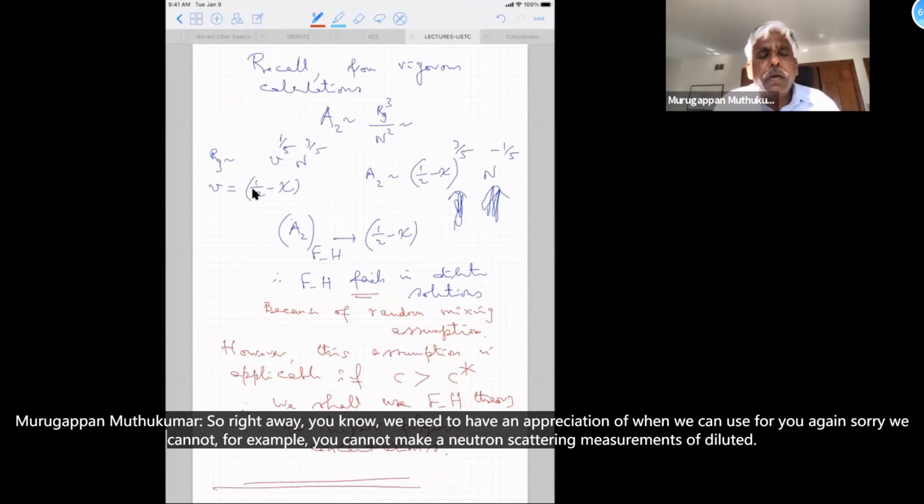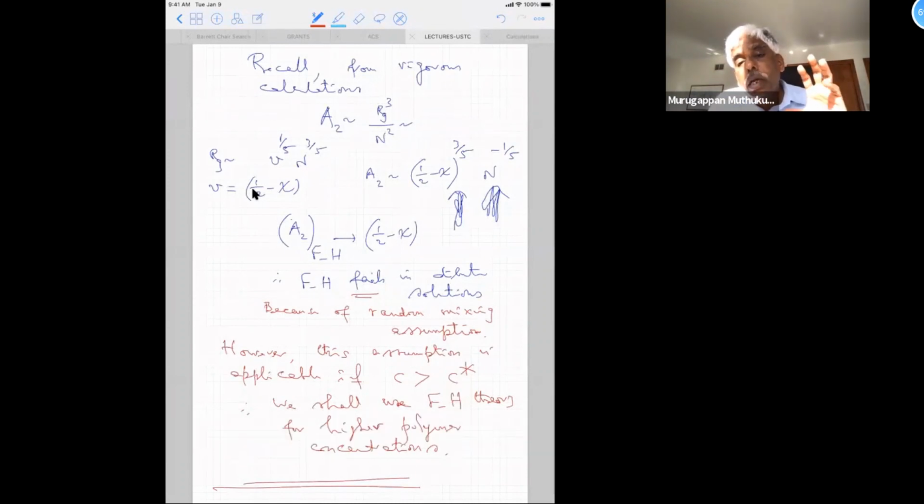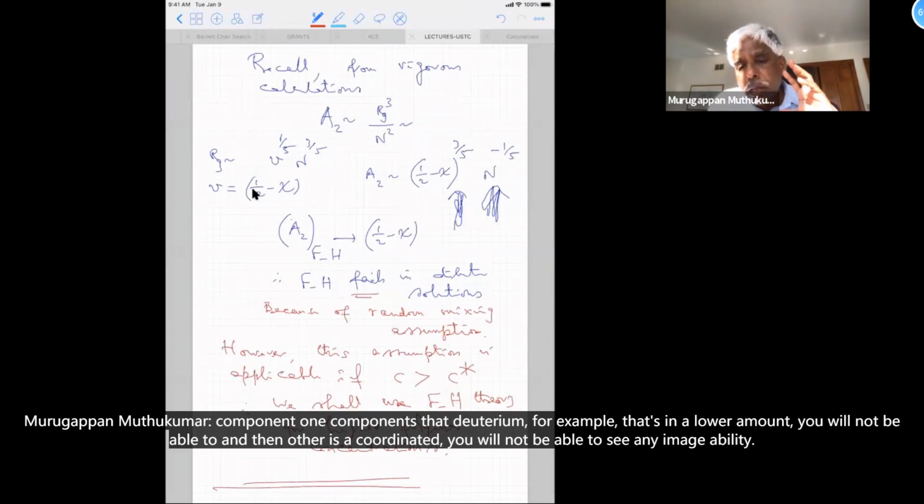So right away, we need to have an appreciation of when we can use Flory-Huggins theory. You cannot, for example, make neutron scattering measurements of a diluted component. One component is deuterated, for example, that's in a lower amount, and the other is protonated.